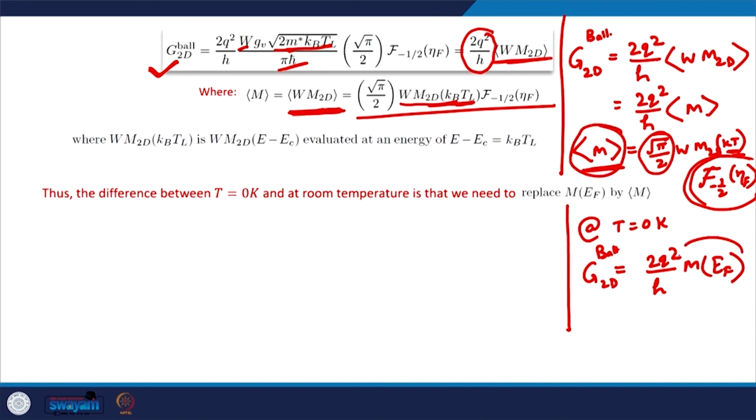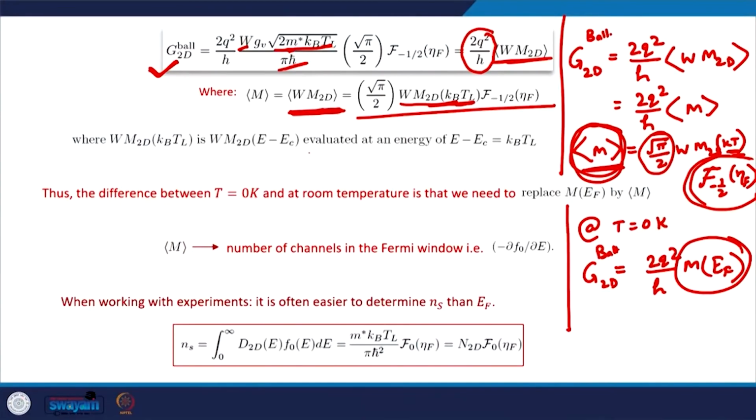Instead of M EF, now we need to use average of M. So, this average of M is the average of modes inside the Fermi window essentially, and the Fermi window also at room temperature generally is only around 1 KT above the conduction band edge. Okay.